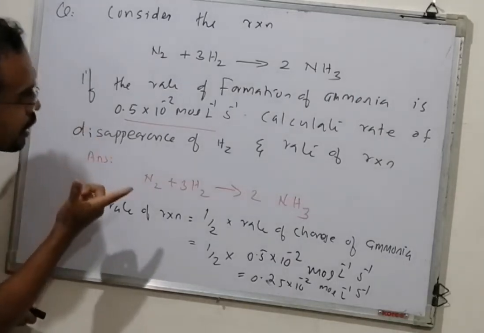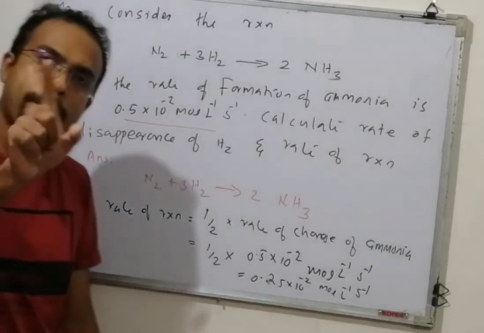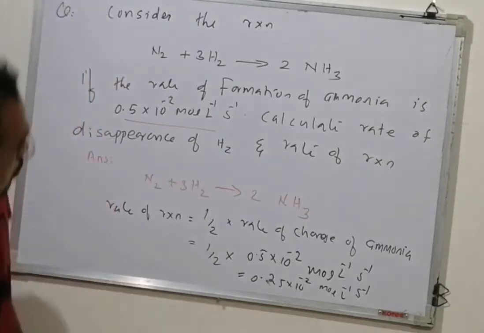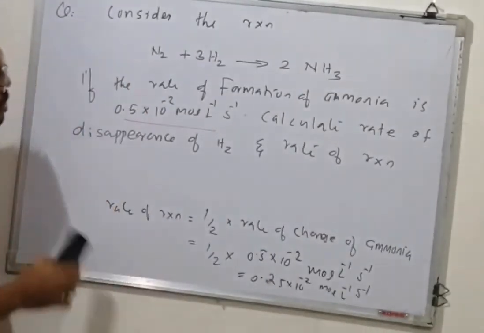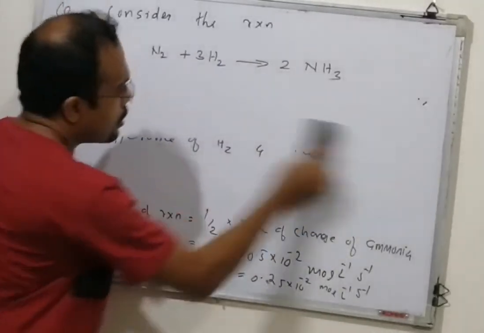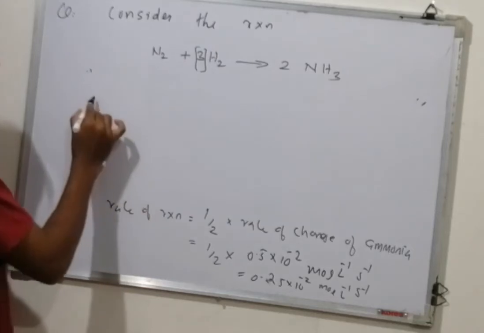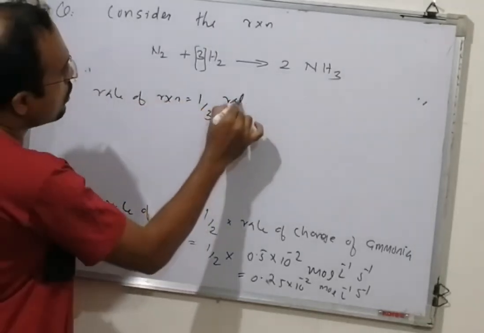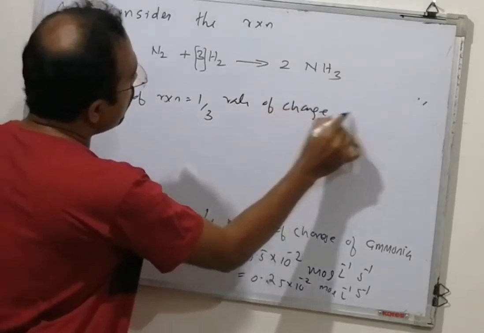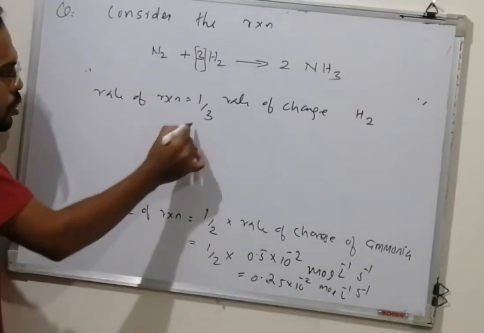Now, if you know the rate of reaction for 1 mole, you can calculate the rate of change of every other substance. The rate of reaction is known. Because rate of reaction is equal to 1 by 3 into the rate of change of H2, the rate of disappearance of H2 is equal to 3 into the rate of reaction.